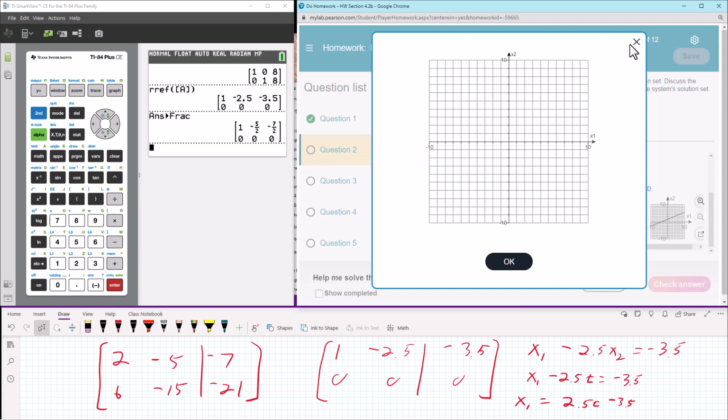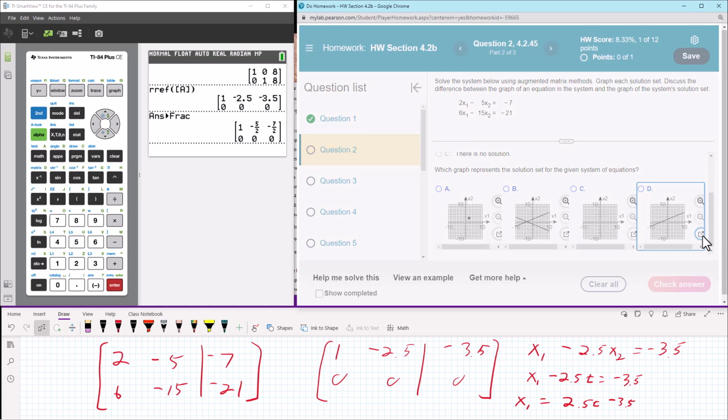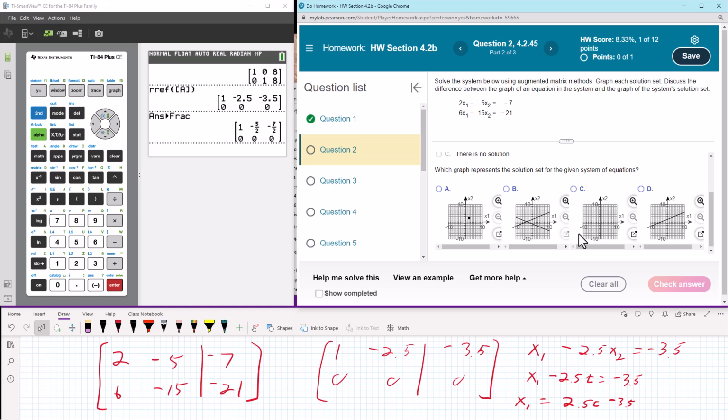There's nothing graphed there. So it has to be D. D shows exactly one line. You can give yourself more confidence that it's D because when x2 is equal to 0, x1 is equal to negative 3.5, which is exactly what we would expect.